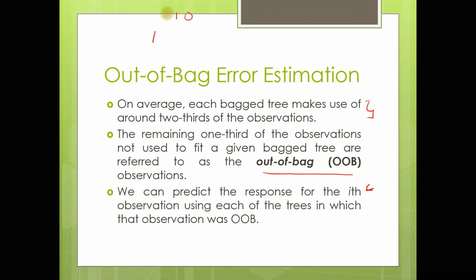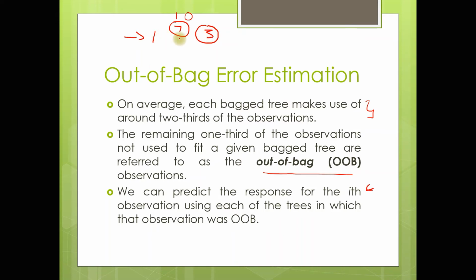If the decision tree has been run 10 times, let's suppose 7 times this observation has been used for the training. Obviously, if it has been used for the training, other observations would be out of bag. But let's suppose 3 times this observation has not been used for the training.